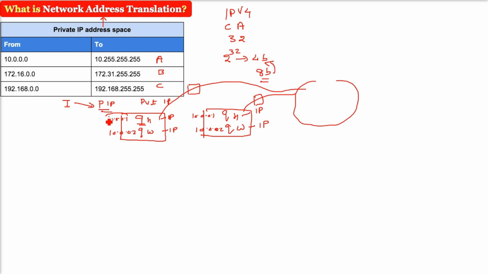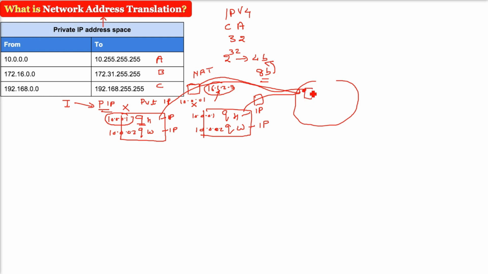Whenever a husband wants to start a conversation or get connected to the internet, he sends a packet, but the source IP is 10.0.0.1. If the router's IP is a public IP, which is 16.1.2.3, then this 10.0.0.1 will be converted to 16.1.2.3, and then it will be transmitted to the internet.